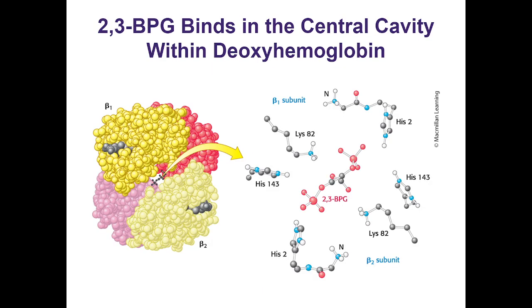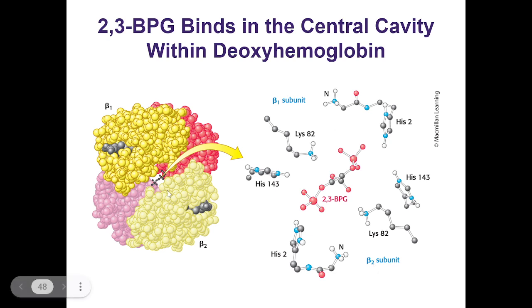Fantastic. This is actually the figure here. This is it binding in that pocket right there. You can see little tiny 2,3-BPG. We sort of threw a little wrench in the gears, right? And right here we can actually see the beta 1 and beta 2 subunits.